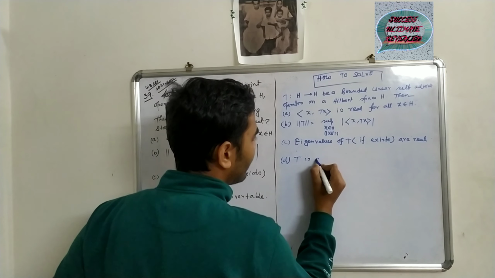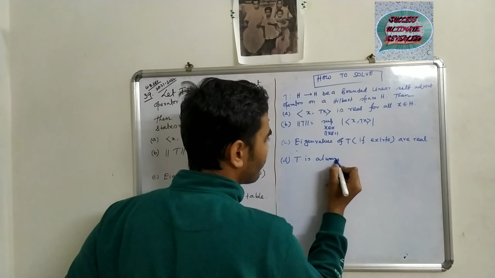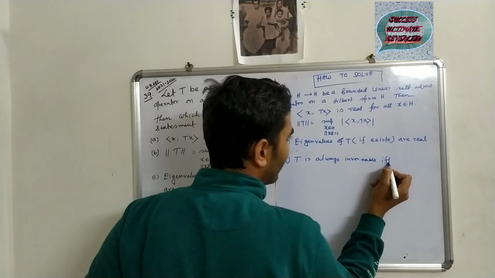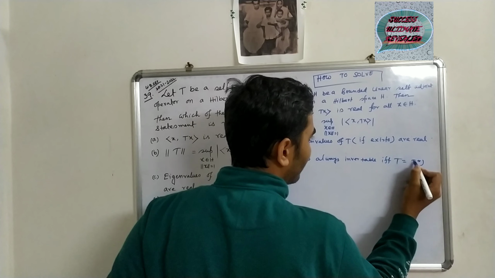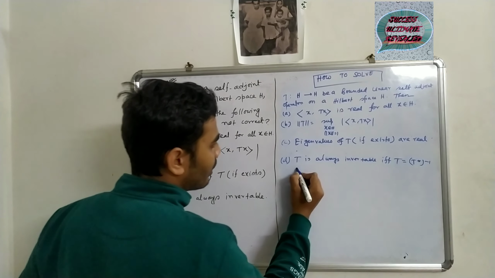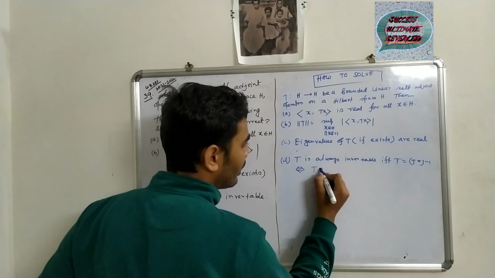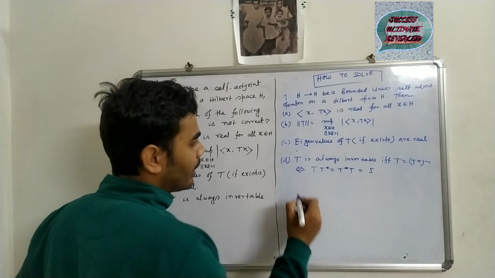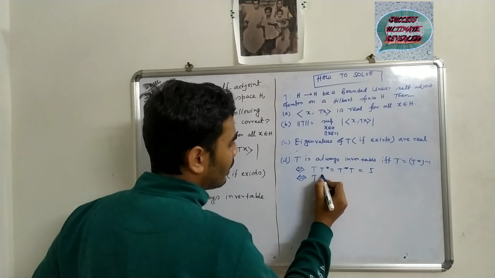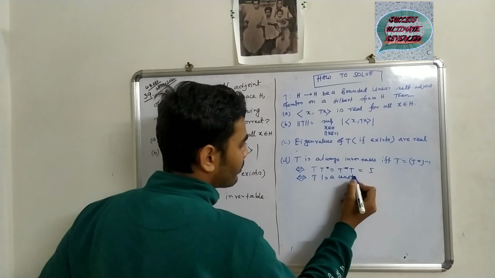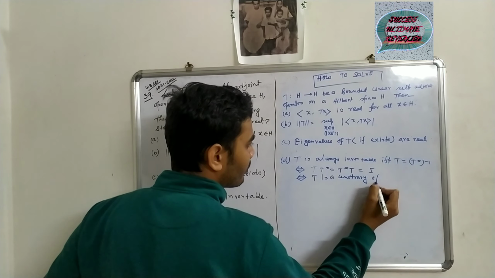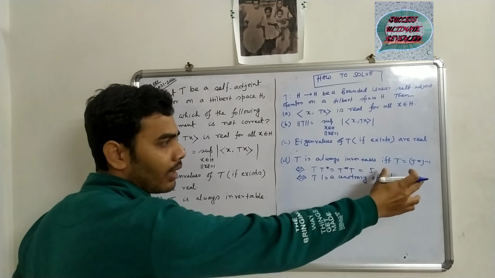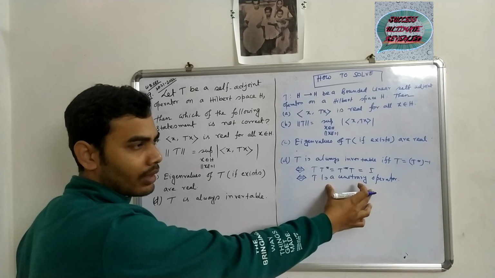T is invertible if and only if T is equal to T star inverse, and this is if and only if T star T equals T T star equals I, and this is if and only if T is a unitary operator. So T is invertible if T is a unitary operator.